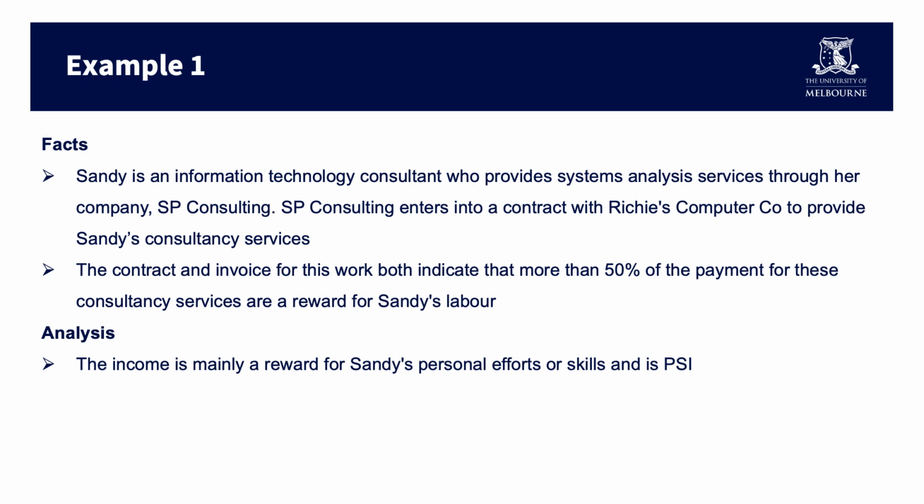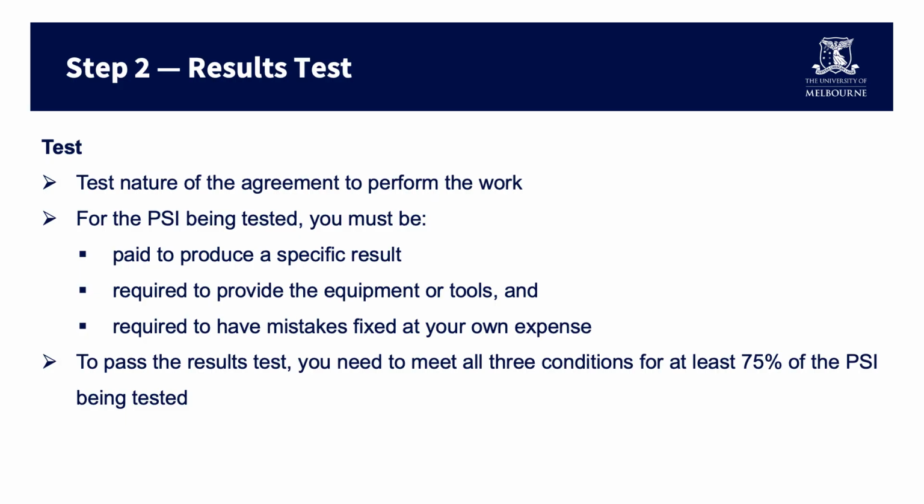SP Consulting enters into a contract with Rachel's Bumper Corporation to provide Sandy's consultancy services. The contract and invoice for this work both indicate that more than 50% of the payment for these consultancy services are a reward for Sandy's labor, and the income is mainly a reward for Sandy's personal effort or skill and therefore is PSI.